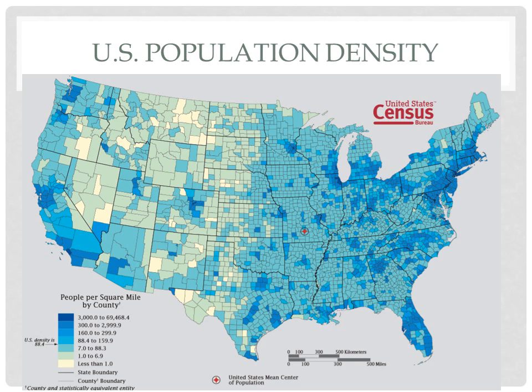Now, one last thing I want to point out before I cut you guys loose to make your observations is, again, in the bottom left-hand corner next to the key, it tells us that the average population density, that is people per square mile on this particular map, is 88.4. So there's 88.4 people per square mile in the United States on average.